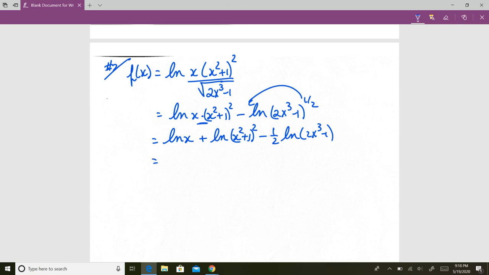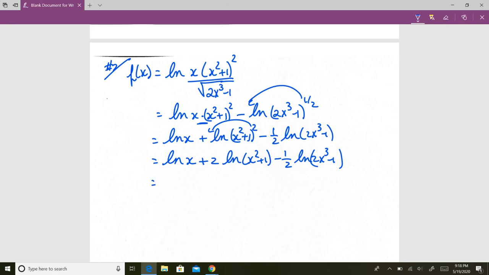And then I'm going to drop this 2 down there. There we go. Okay, now we've simplified it. Now I can do the derivative.